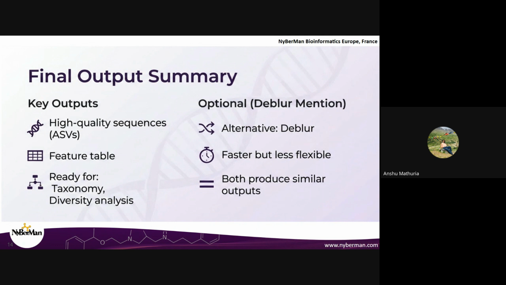Then we will be generating a feature table where the number of reads or sequences per sample will be mentioned. Now, these outputs can directly be used for taxonomical analysis as well, but we'll be converting to a feature table and then proceeding with the taxonomical and the diversity analysis part. I mentioned this before.